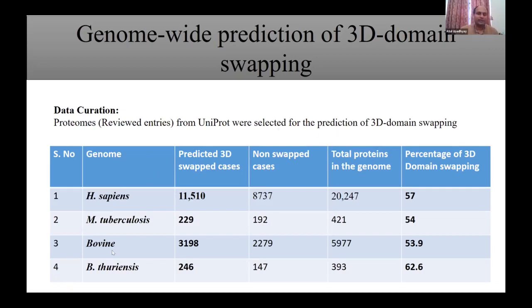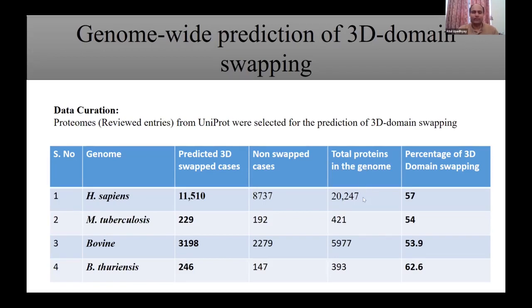And we have selected many of these genomes, and I'm going to emphasize only the case of humans, what are the types of proteins involved in domain swapping, right? So basically at that time there were around 20,000 reviewed proteins in the human proteome.